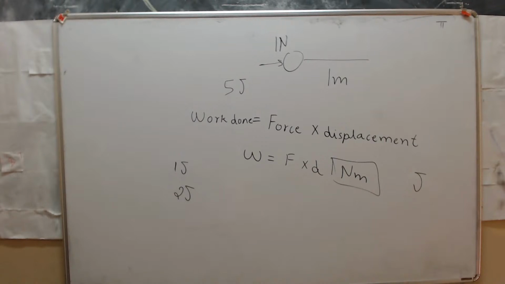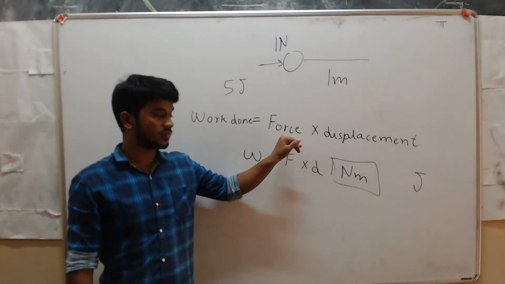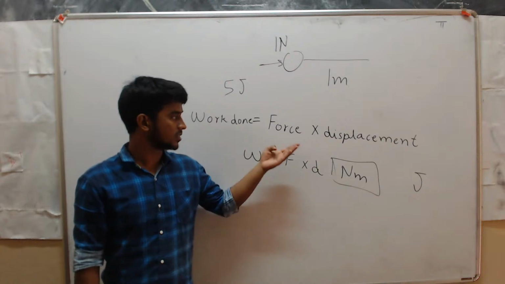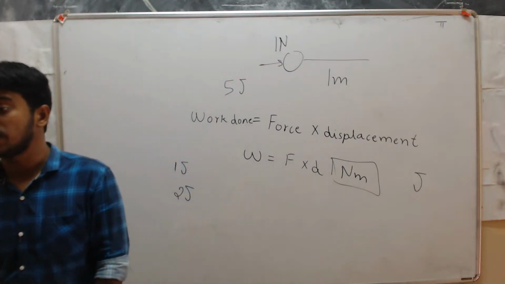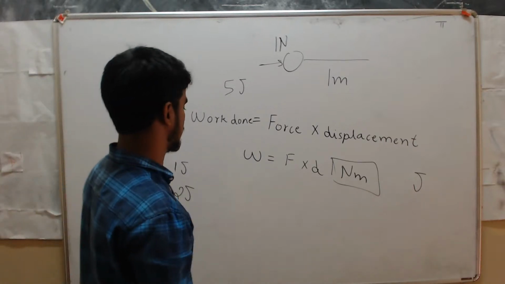And Varun Kumar Angadi, you sent Newton per meter. It's wrong. It's Newton meter, because the formula is force into displacement. If it were force by displacement, then Newton per meter would be correct. Since it is force into displacement, it is Newton meter.